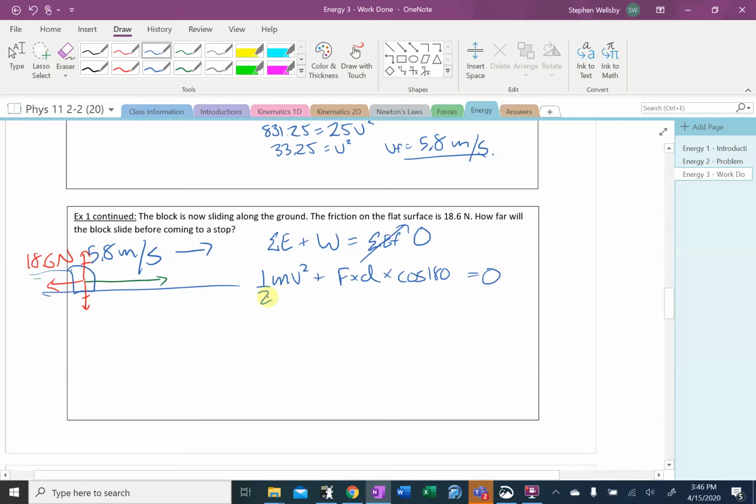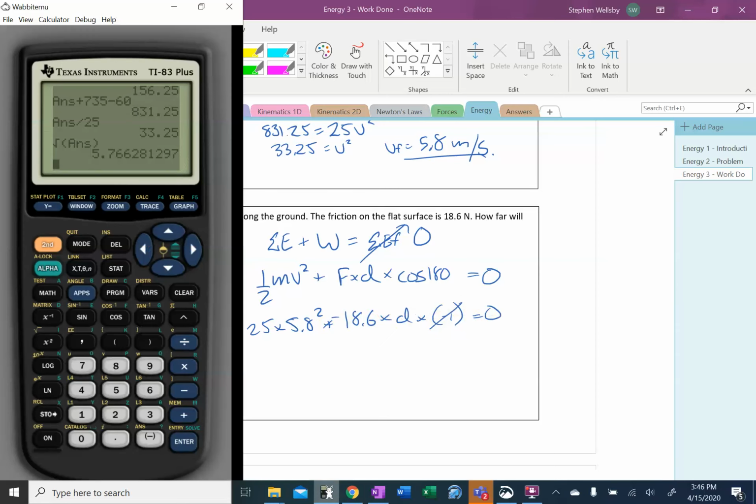So we've got 1/2 times 50, so we have 25 times 5.8 squared, plus 18.6 times distance times -1 equals 0. And so that's the same as saying minus 18.6. I'm just moving the negative sign. So let's see. I'm going to square this, and multiply that by 25, the 1/2 times 50.